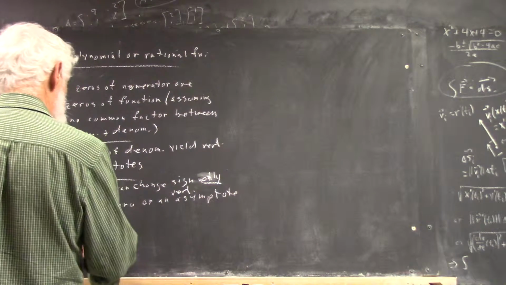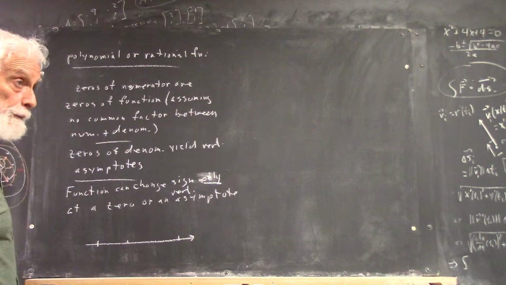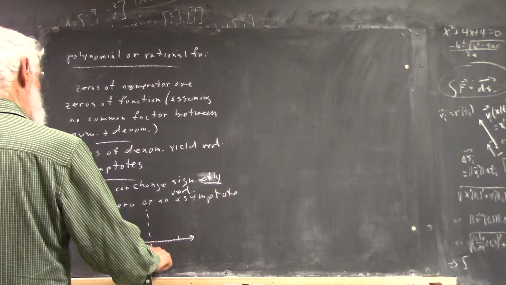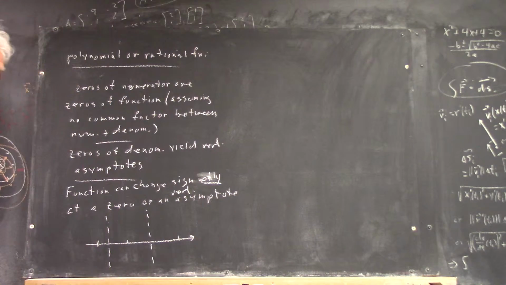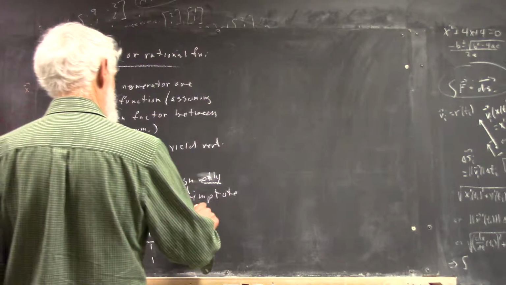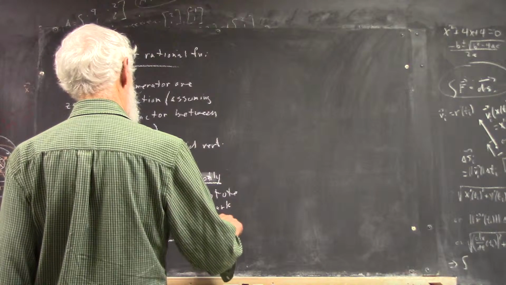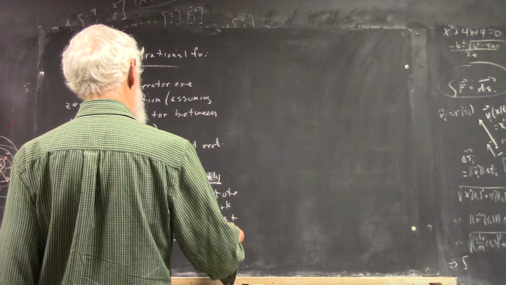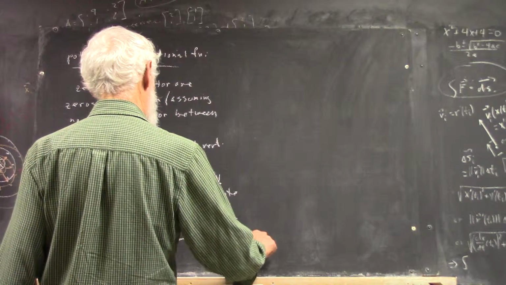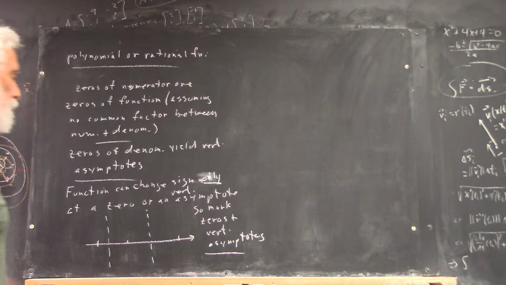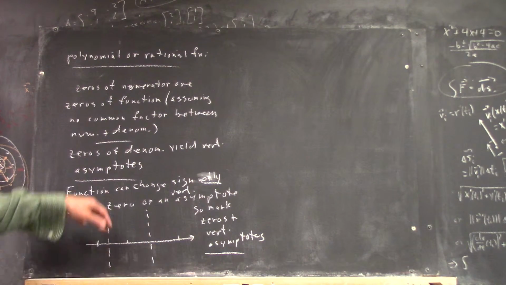So whatever your polynomial is, you identify the zeros, you identify the vertical asymptotes, so we mark the zeros and the vertical asymptotes. It's going to look something like this. 0 here, 0 here, 0 here.